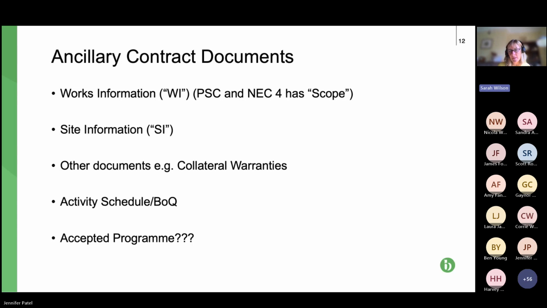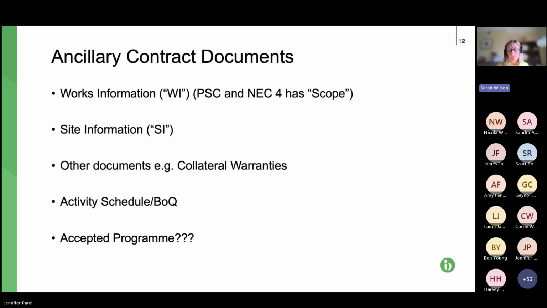So one of the things about NEC is that it is very prescriptive regarding programmes. So the idea is you start off with a base programme that both parties have agreed. The programme is updated through the project, and any extra time through compensation events can then be impacted into an up-to-date programme.